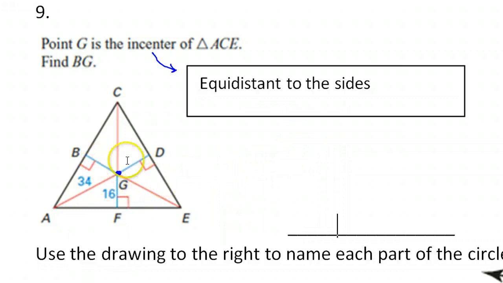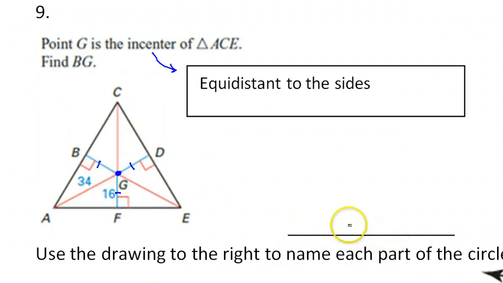That means these blue segments are all going to be congruent because these are the distances to the sides. So this, and this, they're all equal. Well, wait a minute. That means I already know what BG is. I don't even have to do the Pythagorean theorem or anything. BG is 16. Alright, because GF is 16, so all of these blue segments are 16.